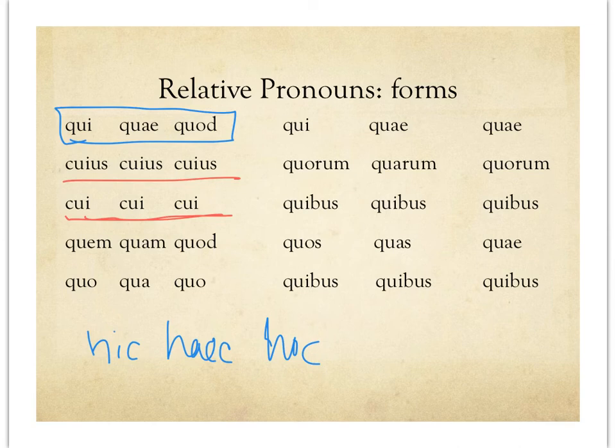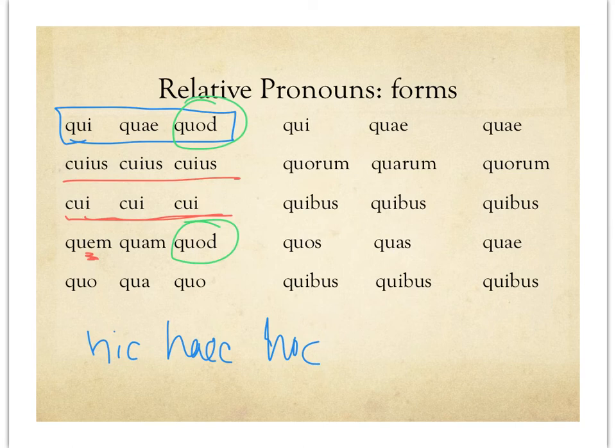So we have quem. This is still strange, right, with the E instead of a U, quam and quod, because of course nominative and accusative neuters are always the same, and then quo, qua, quo.